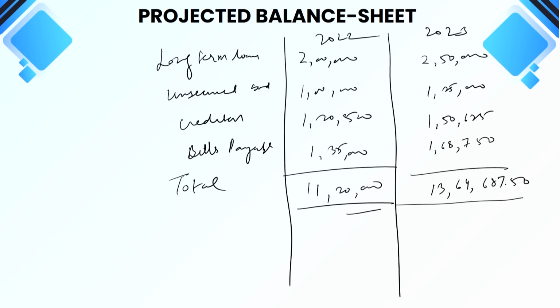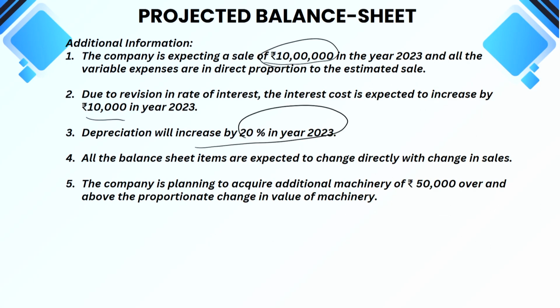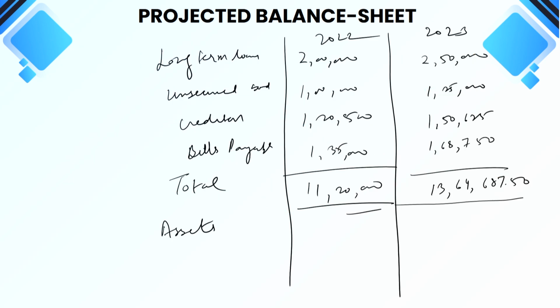Now we are going to project our assets. You can see in the adjustment that we are provided with one piece of information that the company is planning to acquire additional machinery of rupees 50,000 over and above the proportionate change. So the machinery which was rupees 5 lakh in the year 2022, in the year 2023 it would be 5 lakh plus 25%, which we have to add because of the change in the sales.